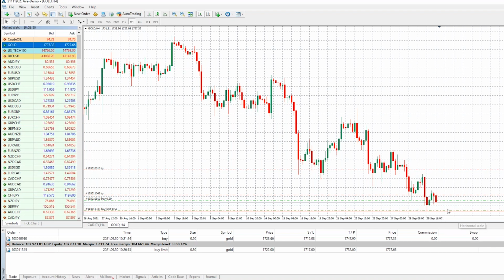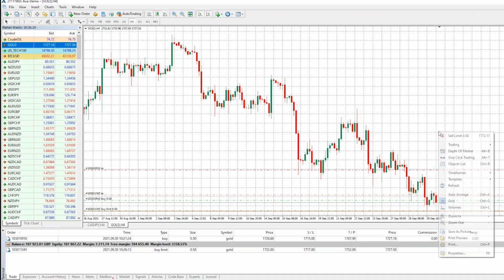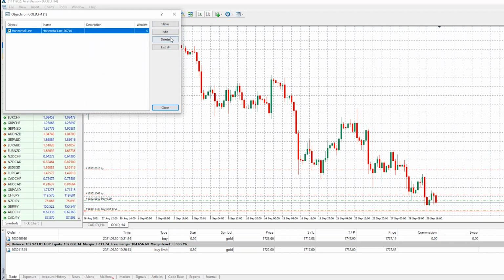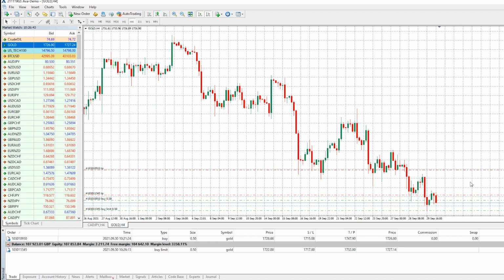Now the pending order, I could say, you know what, I want a larger profit than that. You know, my take profit on my first move, and let me get rid of some of these lines I drew. Objects list, horizontal line, delete. Okay, so if my entry price on the second one is down here, maybe I want my take profit up higher towards the same resistance level as the first market move.